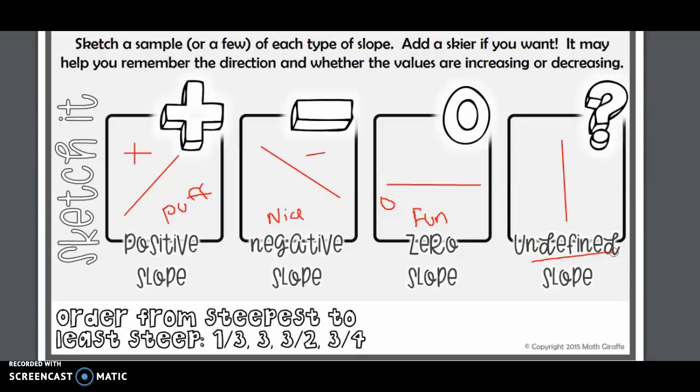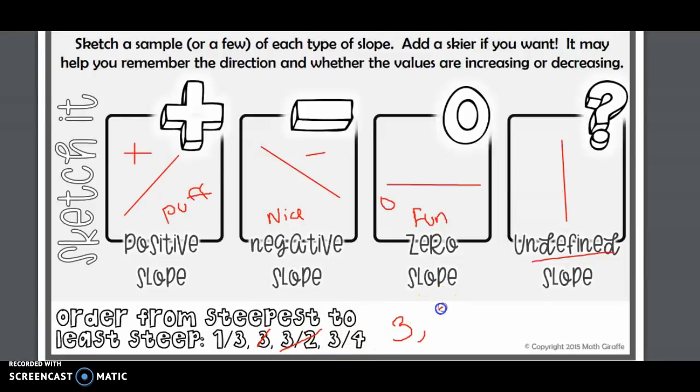Okay. Last thing we need to do is remember what we said. The largest absolute values have the steepest slope. So out of these four numbers, we are looking for the largest number. And in this case, it's 3. So our steepest slope out of these four is 3. Okay, we've used that one. The next slope that's still bigger than 1 is 3/2.